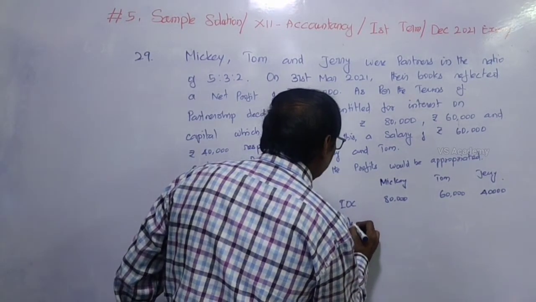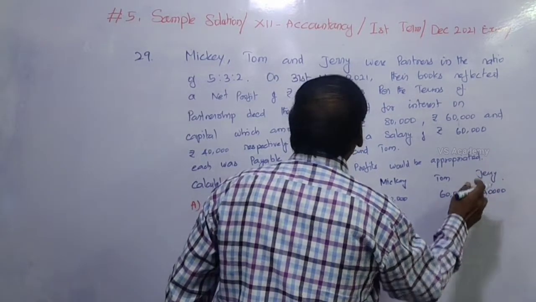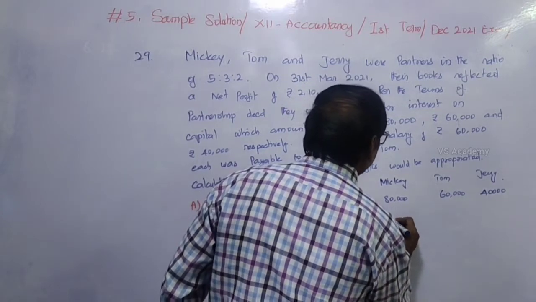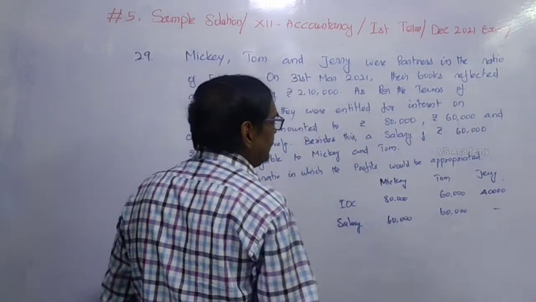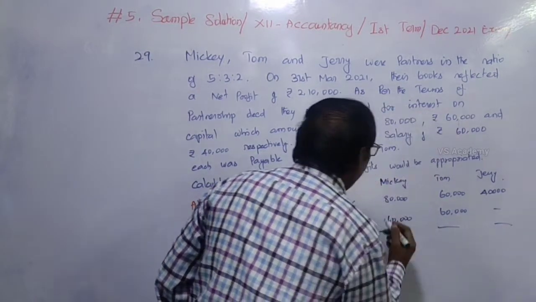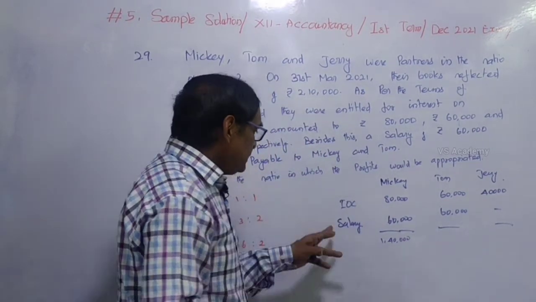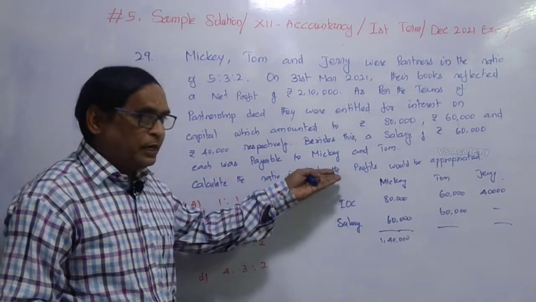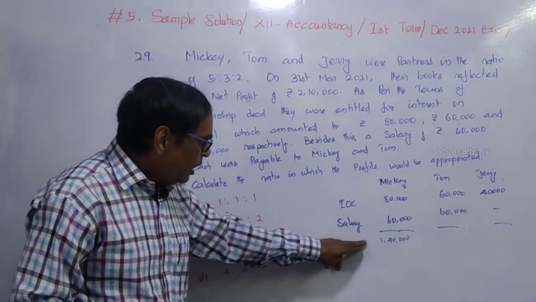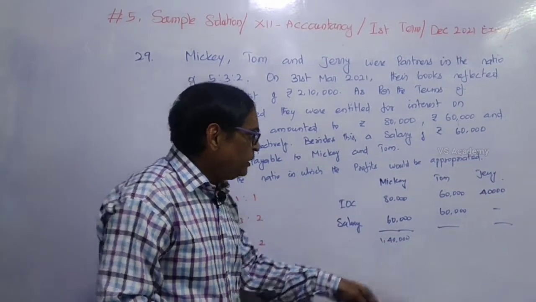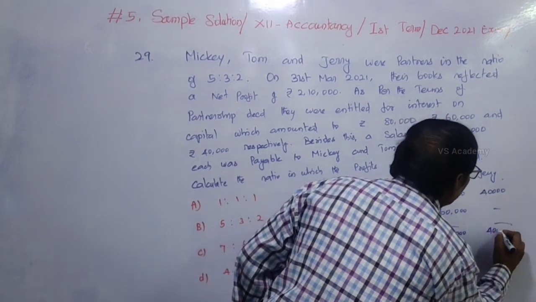Salary how much? 60,000 each payable to Mickey and Tom. There is no salary to Jerry. So 60,000, 60,000 and then nil. If we add, 1,40,000, because the interest on capital and salary will be added to the capital account. Here the opening capital account is not given, so we shall leave it. Now the totals will be 1,40,000, here 60 plus 60, 1,20,000, and here 40,000.